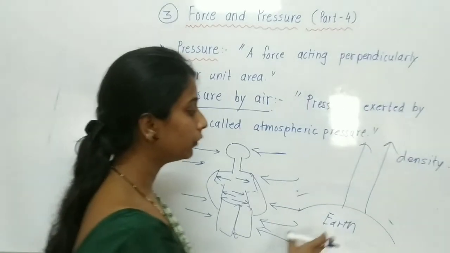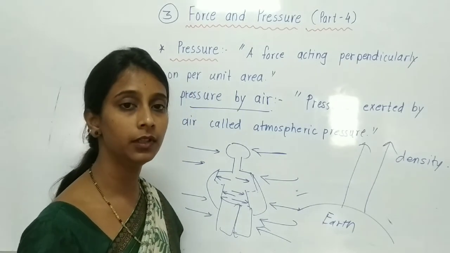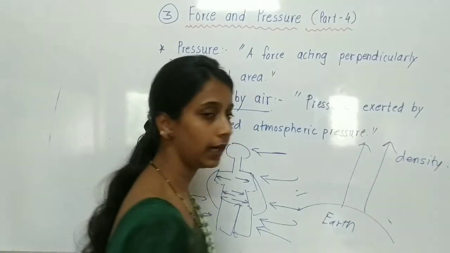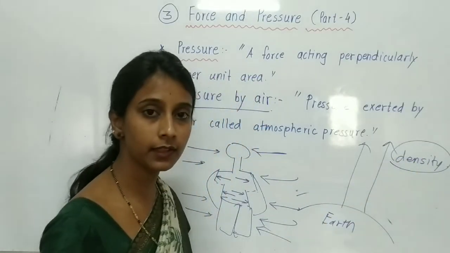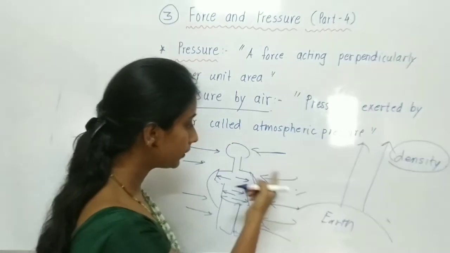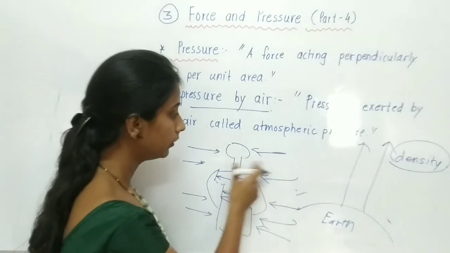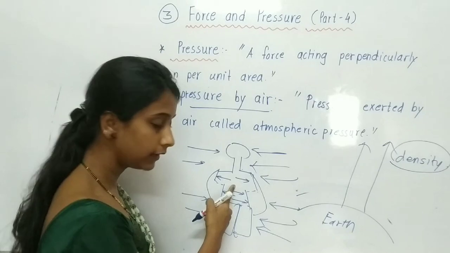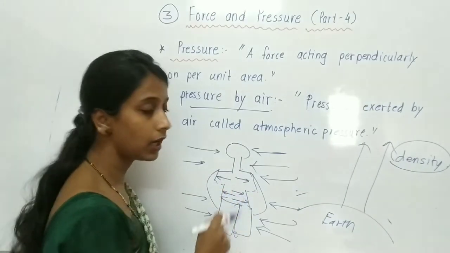But if we are present at high altitude places, at more height from the earth's surface, then density will be less, and the air is rare. So the pressure exerted from outside will be reduced and the inner pressure will be increased. So the pressures are not equal.